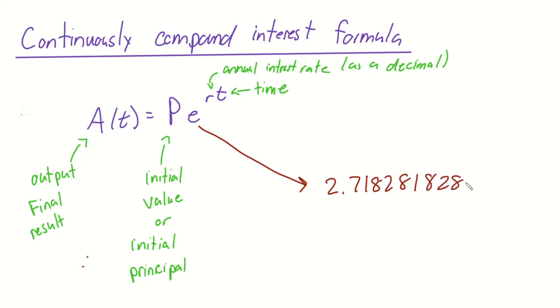That's it? Okay, it does keep going on and on and on forever. It's an irrational number. Do you know any other number that does the same thing? Yes, it's just like pi. It's just an irrational number.